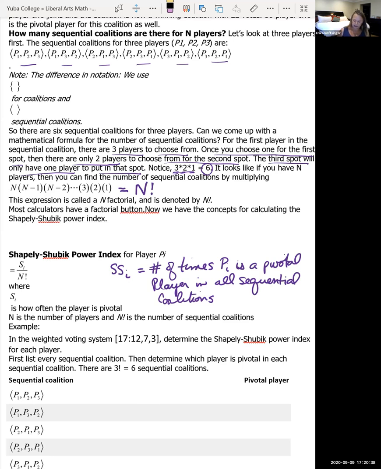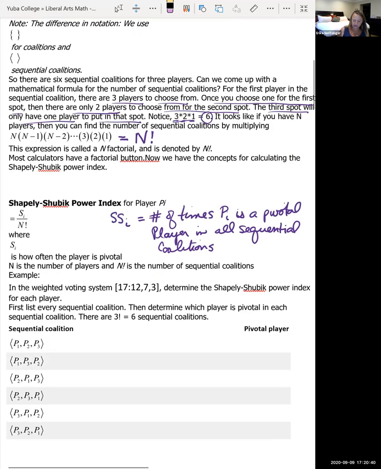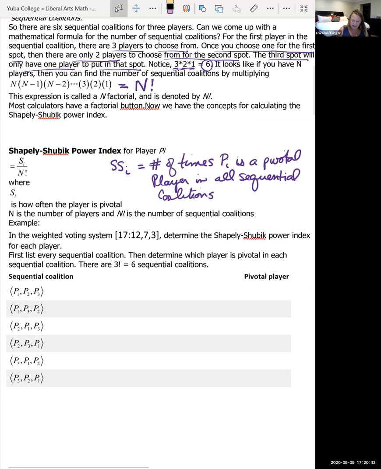Okay, so let's look at an example. Again, let's say we have 17 as our quota. Player 1 has weight 12, player 2 has weight 7, and player 3 has weight 3. We want to determine the Shapley-Shubik power index for each player.